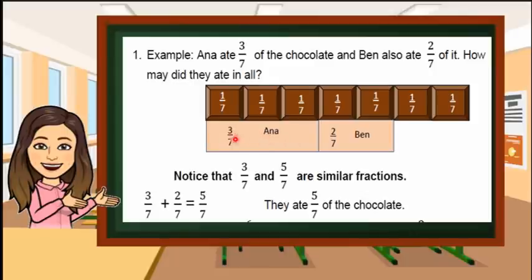So, 3/7 and 2/7, what kind of fraction is this, class? Similar fraction or dissimilar fraction? Look at the denominator. 7 here, then 7 also here. So, what kind of fraction is this? Similar fraction or dissimilar fraction?